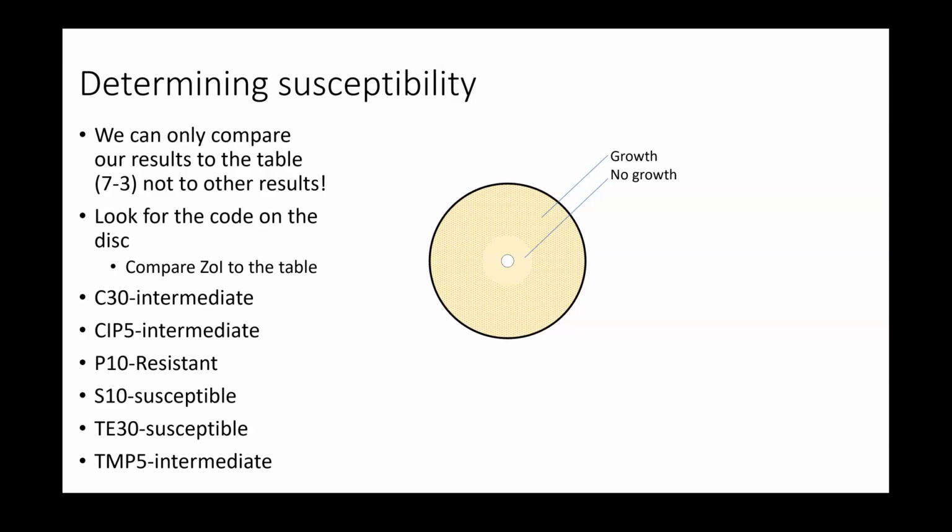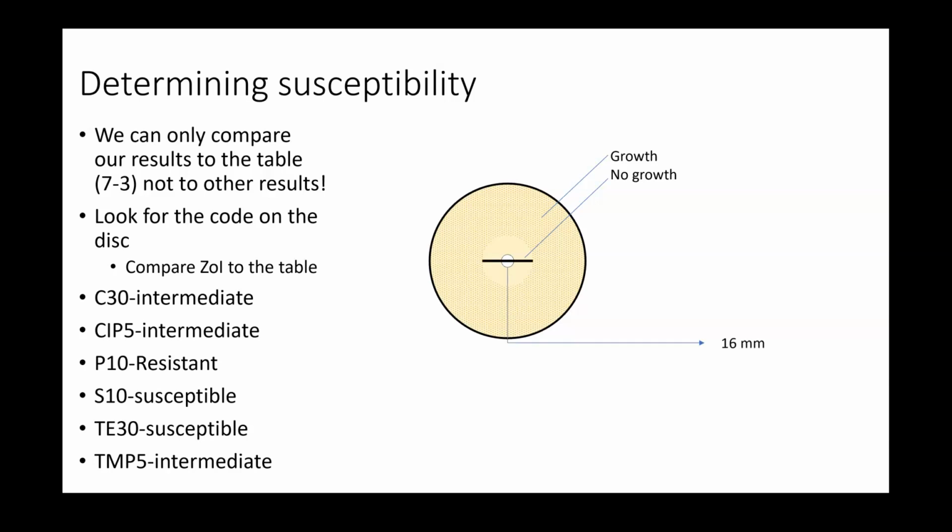A lot of people think, oh, the bigger the circle, the better. And broadly speaking, of course, that's true, but you have to apply it to the table. You can't compare two different bacteria or two different antibiotics to one another because they're going to have different diffusion patterns. They're going to be effective against different bacteria in different ways and so on. So you have to be very careful about the limits of interpretation.